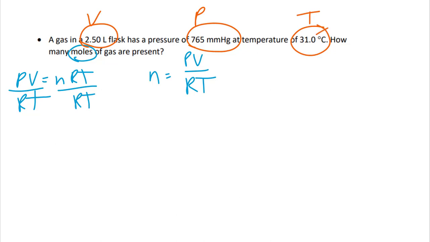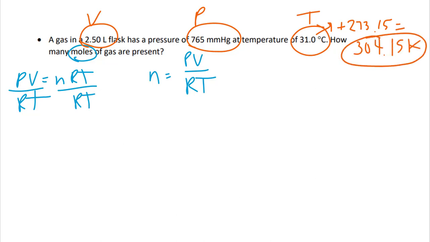So let's do temperature right off the bat. So I'm going to add 273.15. All right, so that solves one problem. Next, I need to get my millimeters of mercury. So we're going to say 765 mmHg.